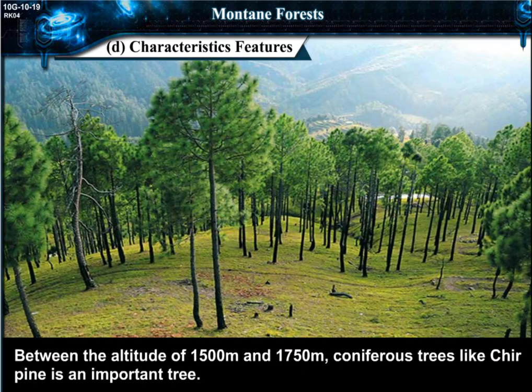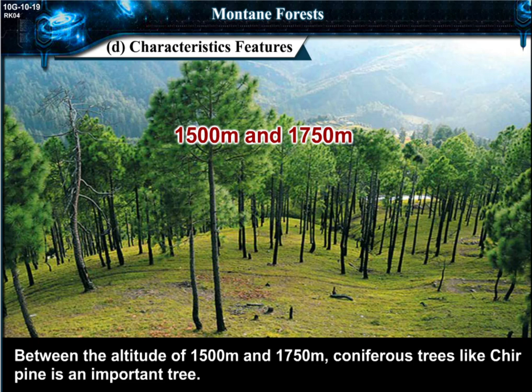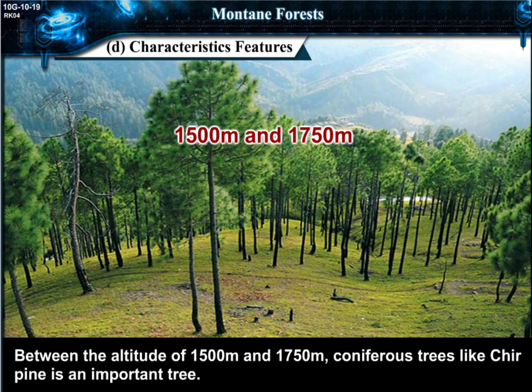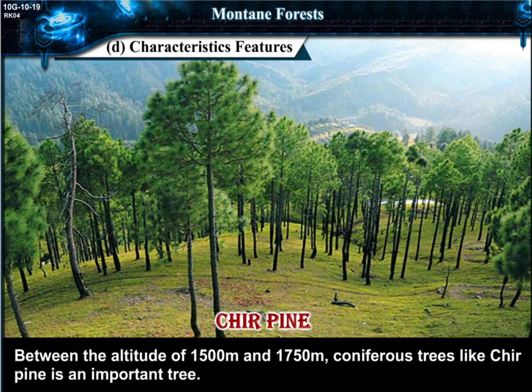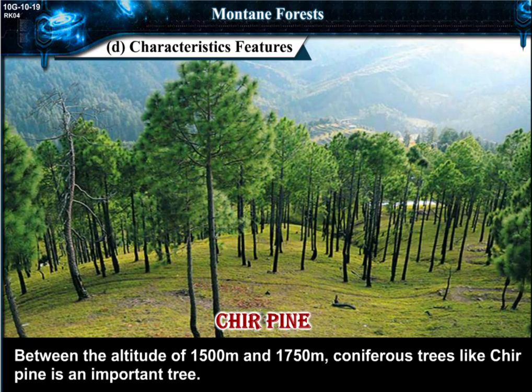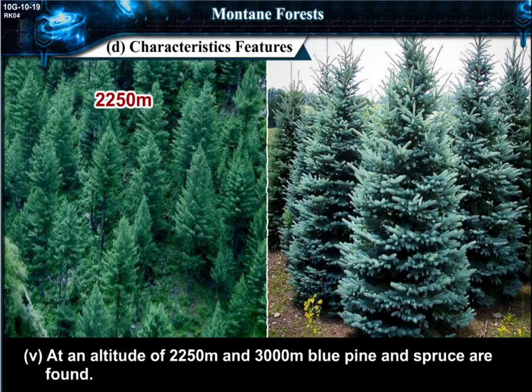Fifth, between the altitude of 1,500 meters and 1,750 meters, coniferous trees like chir pine are important. At 2,250 meters and 3,000 meters, blue pine and spruce are found.